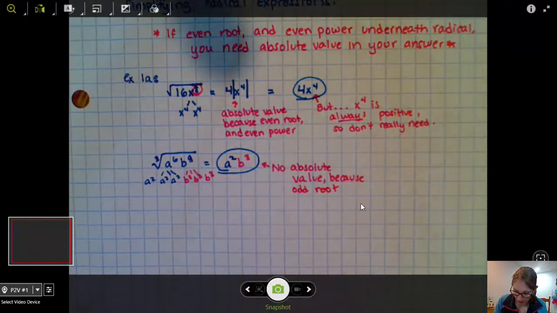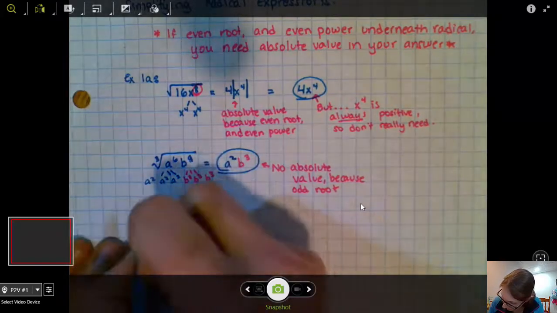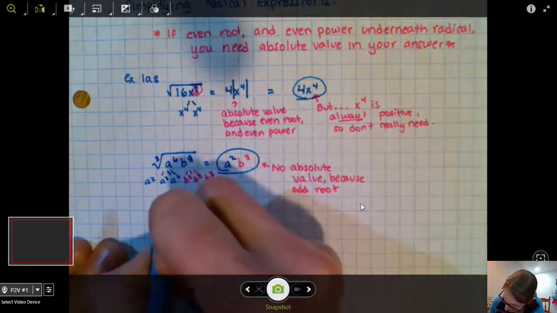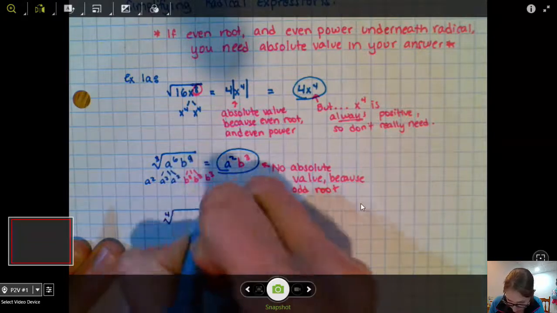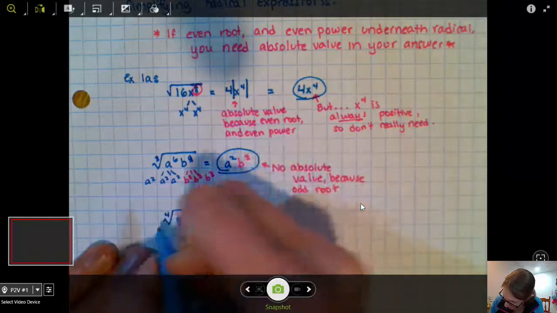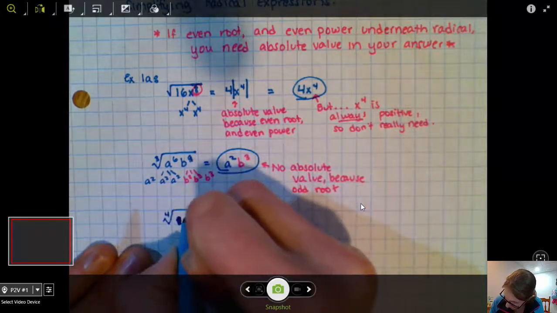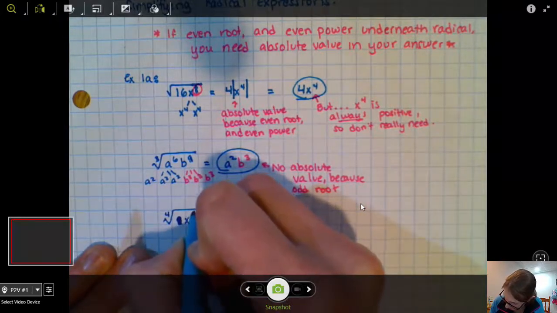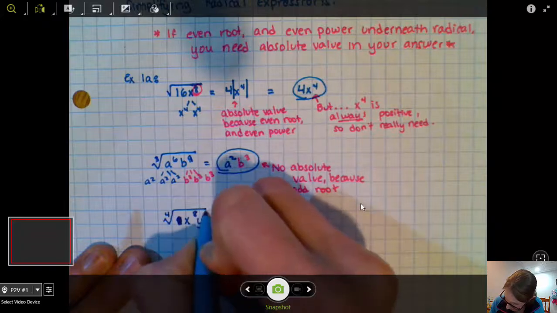And one last example. If I had the fourth root of x to the 8th, y to the 12th.